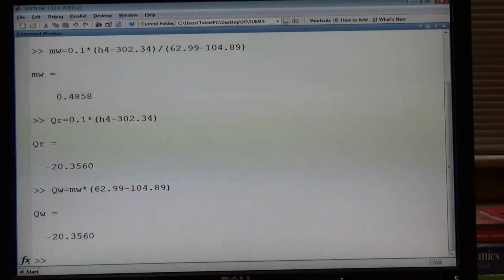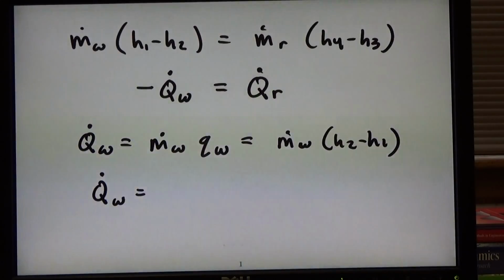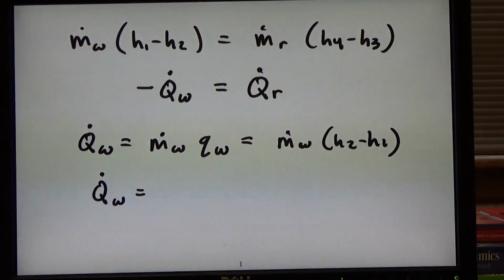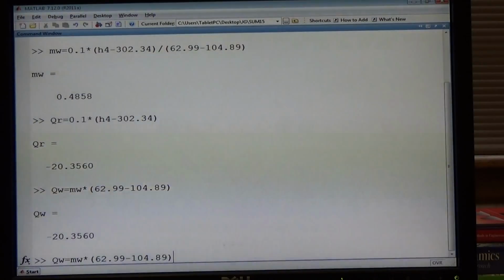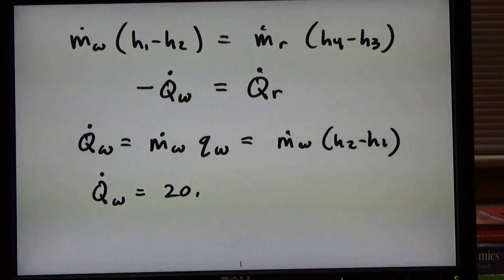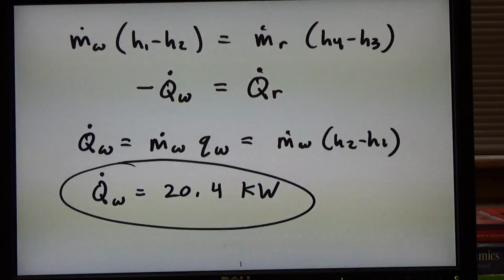Oh, sorry, I entered the equation incorrectly. Heat transfer to the water is H2 minus H1, so I need to switch this order. Alright, so we do in fact get the positive 20.356, or what we said was basically 20.4. And then everything checks out correctly.